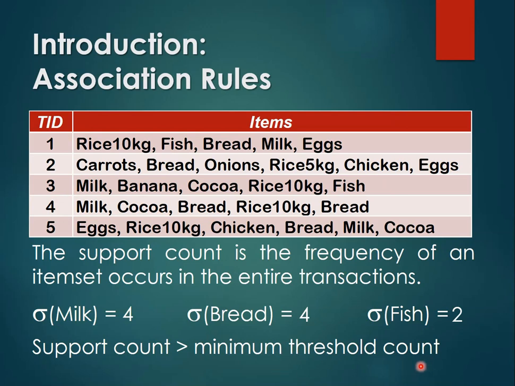For example, we have a minimum threshold count of 3 given to us, and whenever the support count of an item is greater than the minimum threshold count, the item is considered a frequent item set. So in this case, both milk and bread are frequent item sets because their support count is greater than the minimum support count of 3.